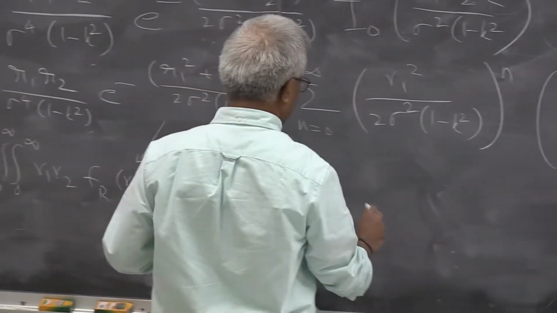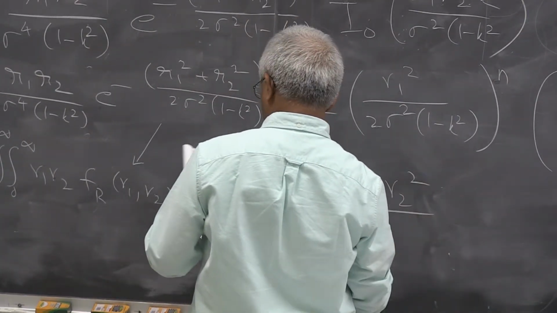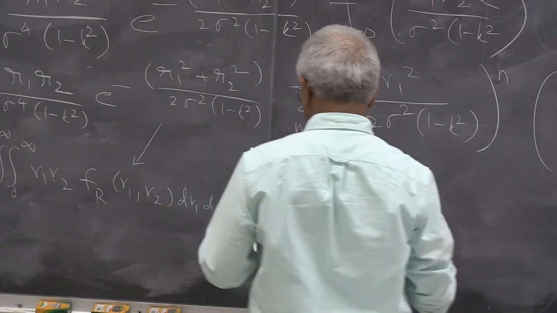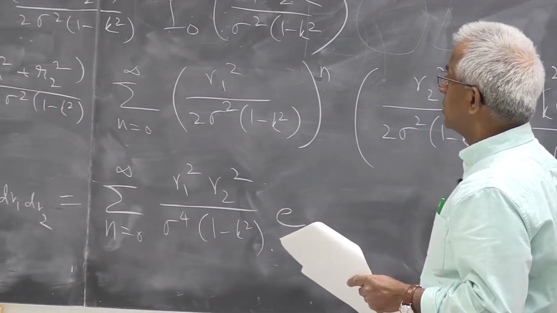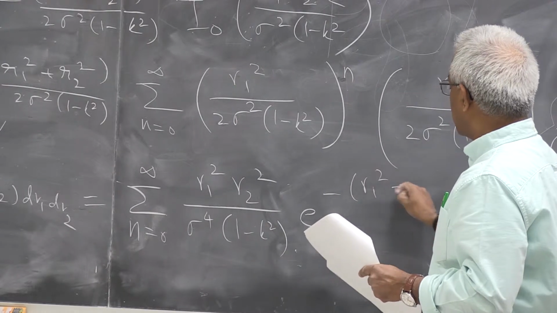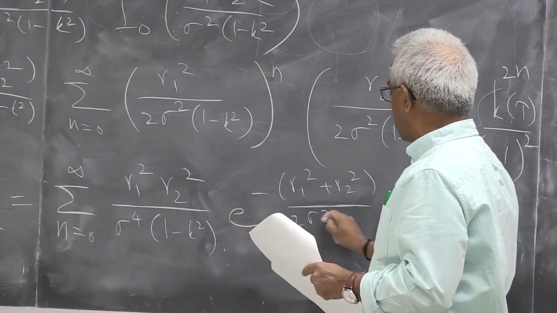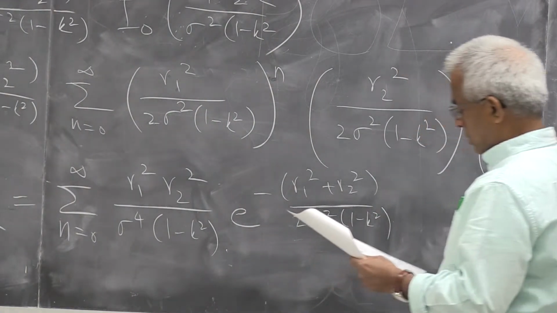I'm going to write down the results of what I have here: R1 squared R2 squared over sigma to the 4, 1 minus k squared, so e to the power of this term next. That's minus R1 squared plus R2 squared over 2 sigma squared multiplied by 1 minus k squared.